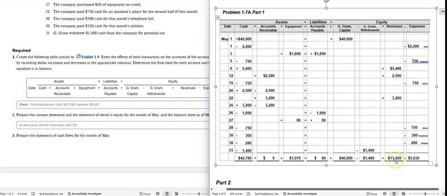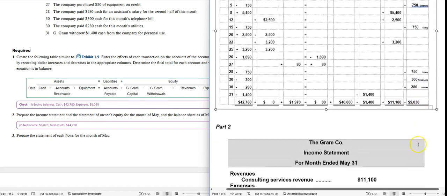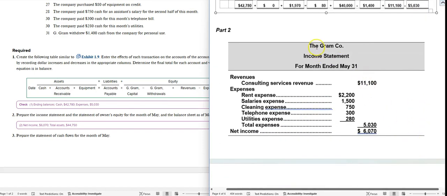Total revenues earned during the month were 11,100, and here we've been keeping track of the different types of expenses. They were 5,030. So preparing our income statement. Every financial report has a 3-line heading. First line is the name of the company. Second line is which financial statement it is, and the third line is the date of the report.